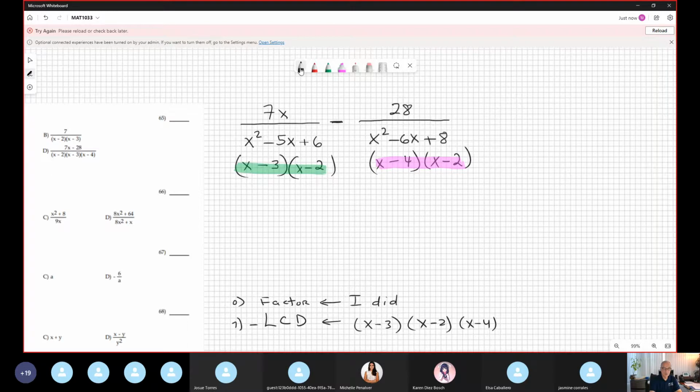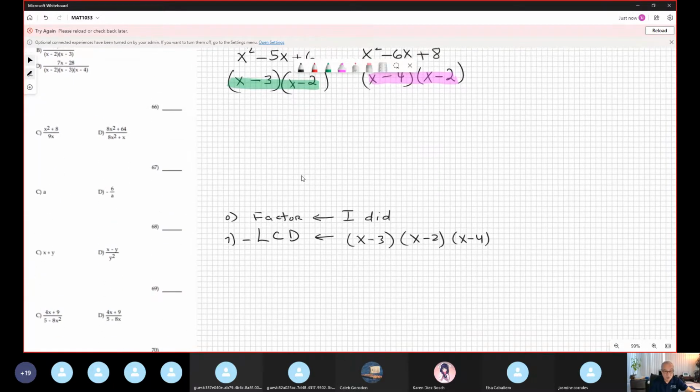Now, next is the second step. I don't know why it is always confusing for the students. Second step is find equivalent fractions, using of course the LCD.